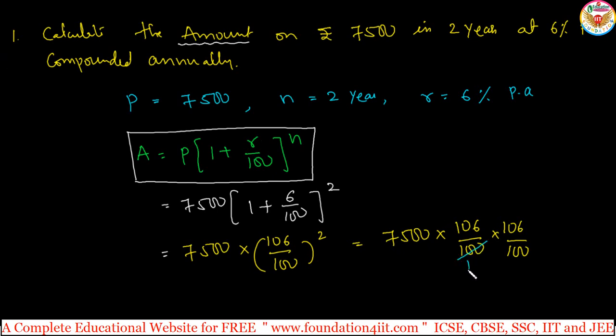You can cancel this. 100 ones are 100, 75 100, 25 3s are 75, 25 4s are 100. So after cancellation, 2 2s are 4, 53, again 2 1s are 2, 53s, right? So finally 3 into 53 into 53. You can multiply, you'll get the amount 8,427.